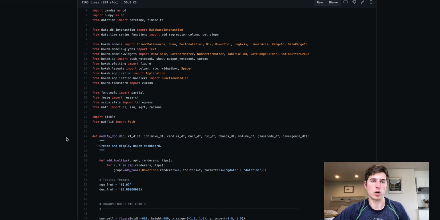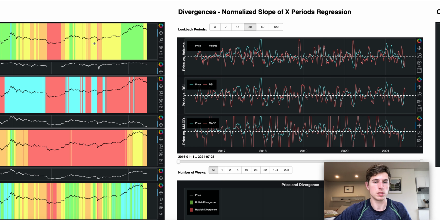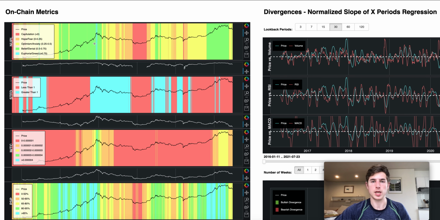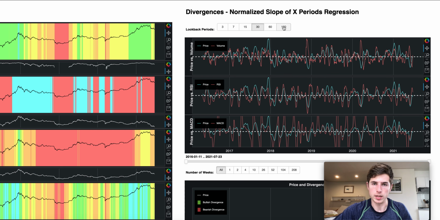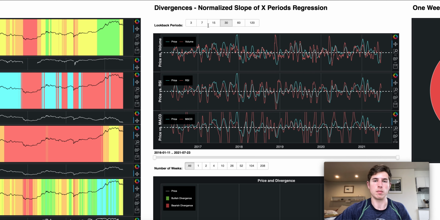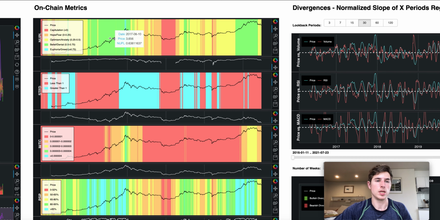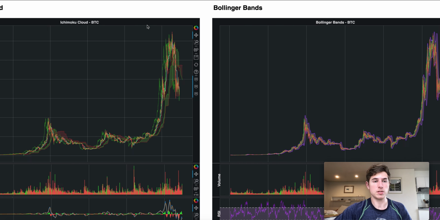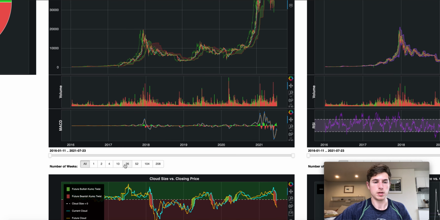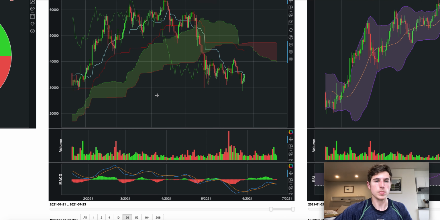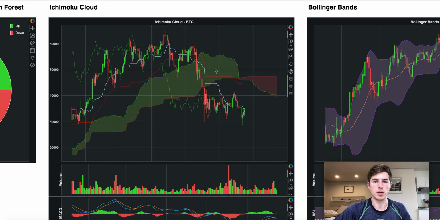If you want to understand how to build all of these different things, how to use radio buttons, how to add a dotted line across here, how to do these annotated color coding, or even just here on the Ichimoku cloud, every single shape, line, color fill that you see had to be coded on the bokeh dashboard or within the bokeh dashboard script.